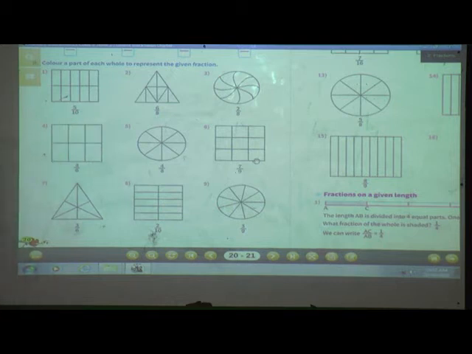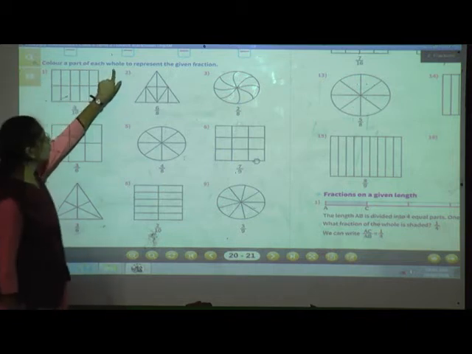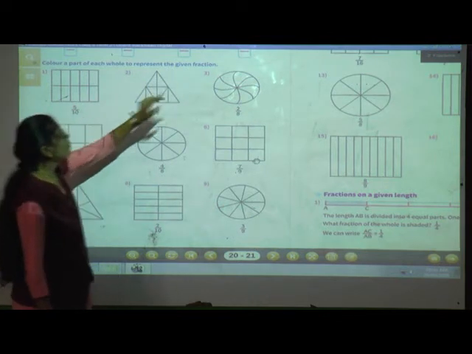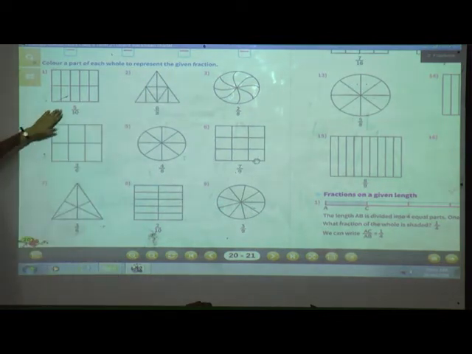Okay, now in this example, see what is the denominator? 10. Means here total 10 parts are there. This whole is divided into 10 equal parts, and our question is color a part of each whole to represent the fraction. Okay, now here the fraction is 5 by 10.